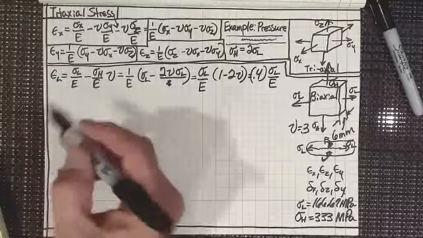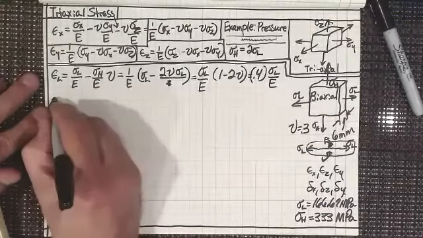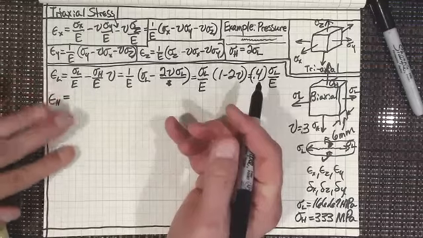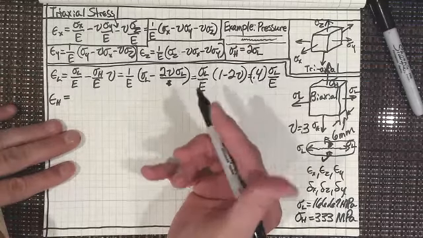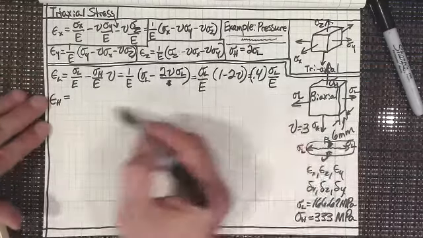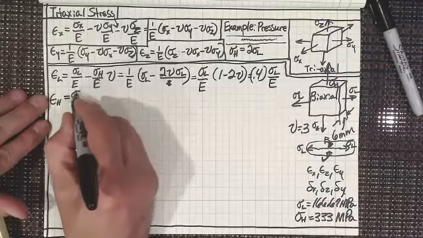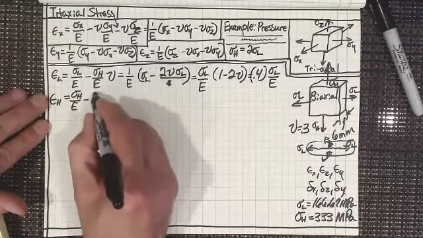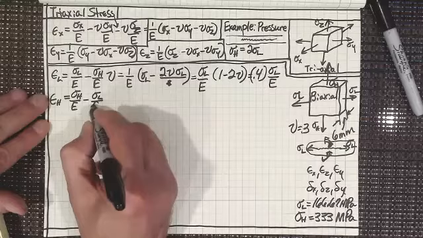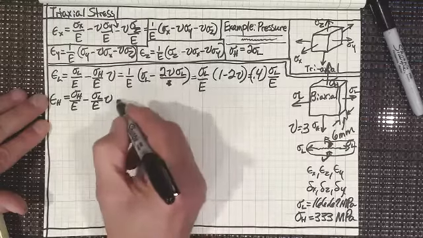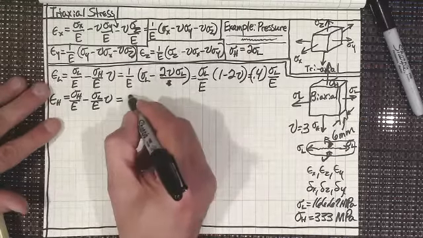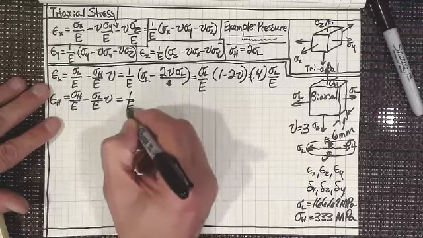Now, let's look at the other one too. Let's look at the hoop. And since we want to be comparing apples to apples, we're going to use the longitudinal stress in here too. What we get is the hoop stress over E minus the longitudinal stress over E times Poisson's ratio. So we can take 1 over E out of that.